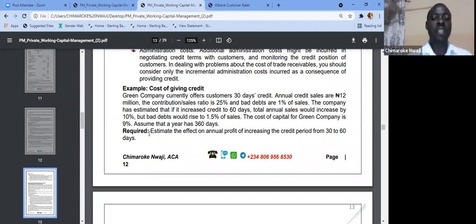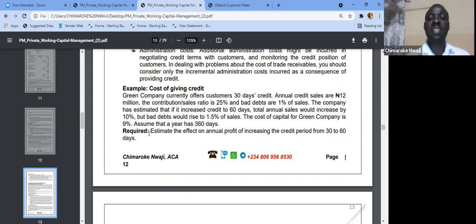Now, what it means is that 25% of sales is their contribution. Then it means that 75% is variable cost, because we know that sales minus variable cost will give you contribution. And if contribution is 25%, that means 75% would have been variable cost.